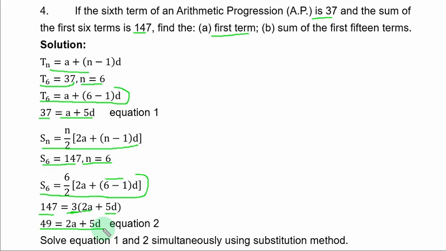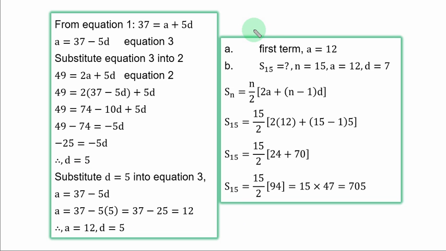Anytime you have two equations with two unknown variables, what you have is simultaneous linear equations. We want to solve using the substitution method. By the method of substitution, you take any of the equations and make any of the variables the subject. So I'm starting from equation 1.